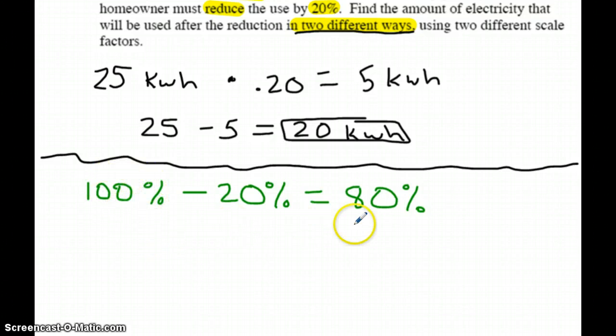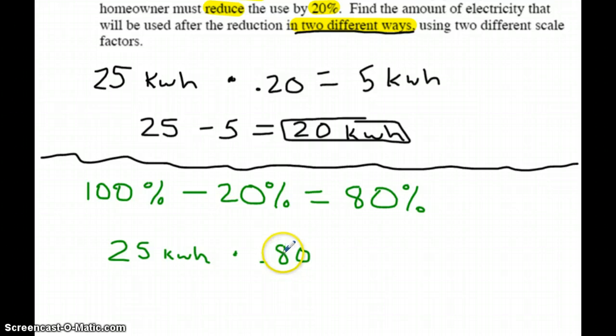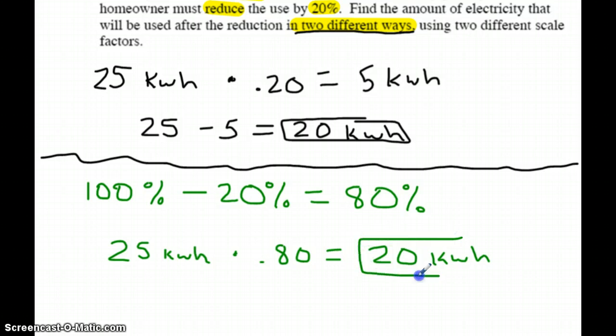In my opinion, you get to your answer a little bit quicker. If you would just be able to do all that percentage reduction in your head and know that you're going by 80%, here you would take 25 kilowatt hours and multiply it by 0.80. So now we're actually finding out what is 80% of 25, and that would go straight to our answer of 20 kilowatt hours, just like that.